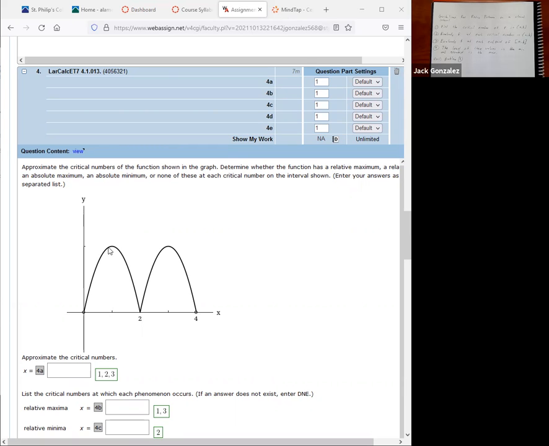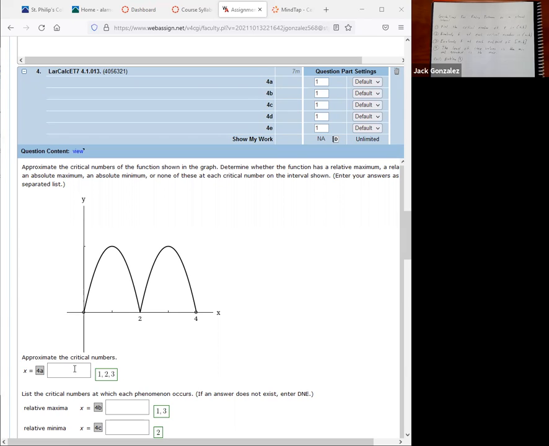These are going to be relative maximums. They're about the same. So we have a maximum at 1, right? And a maximum at 3. So these are the critical numbers. All the critical numbers here are 1 because it's a value that gives you a peak, a value that gives you a valley, a value that gives you another peak. So 1, 2, and 3. That's why they chose the critical numbers.